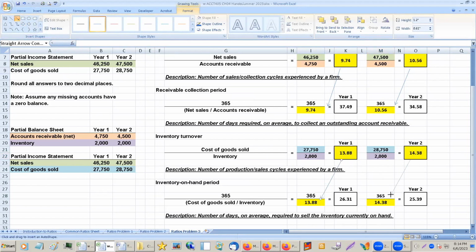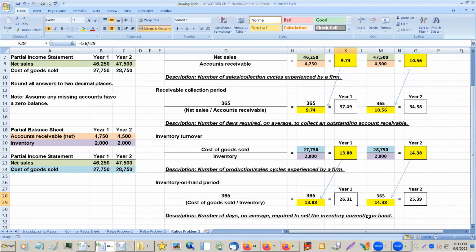And this is how long the inventory stays on your shelf. In this case, it went from about 26 days to about 25. Got a little bit better. Ideally you want this to turn over quickly, and that's a pretty quick turnover though. And hey, we're done. And I went over 50.